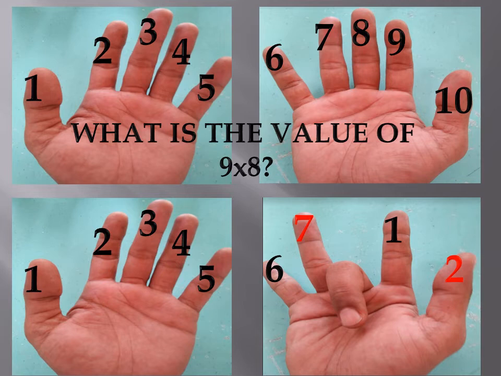Right after the closed finger, there are 2 fingers. So we have 7 and 2. Joining them together, we have 72. It only shows that 9 times 8 is equal to 72.